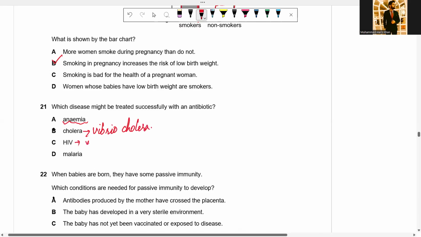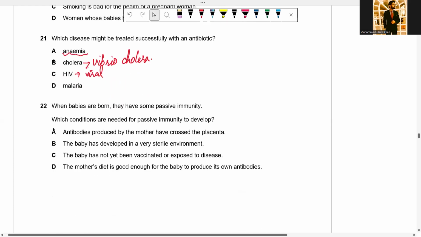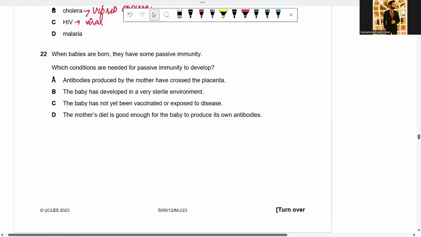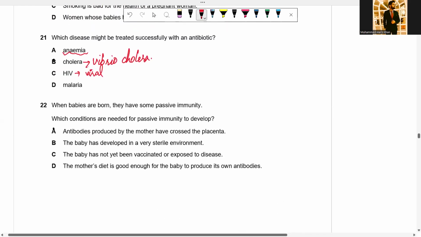HIV is a virus, not a disease. The disease is AIDS. While malaria cannot be treated with antibiotics, it must complete its cycle for the treatment.